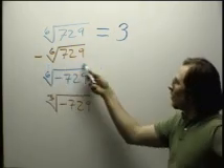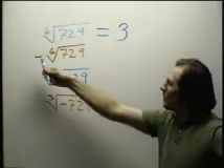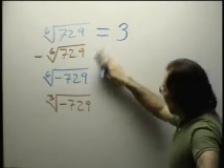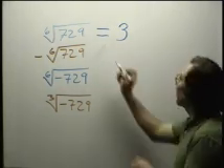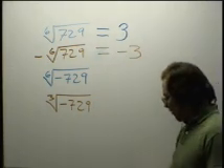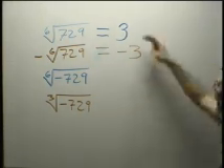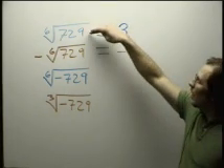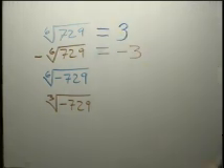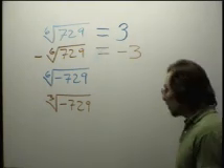And this next symbol represents the negative 6th root of 729, which will give us negative 3. If I take 3 and raise it to the 6th power, I get 729. If I take negative 3 and raise it to the 6th power, I get 729.